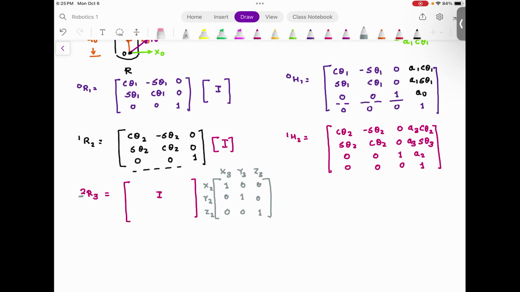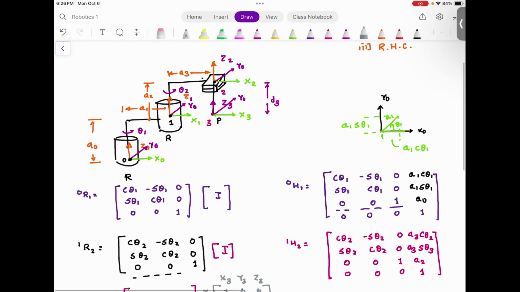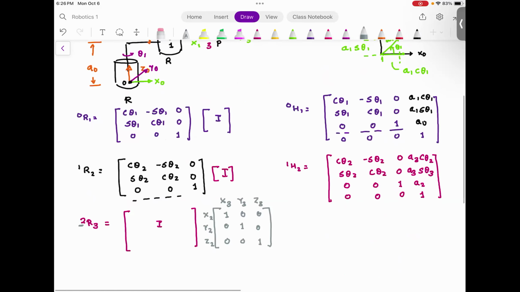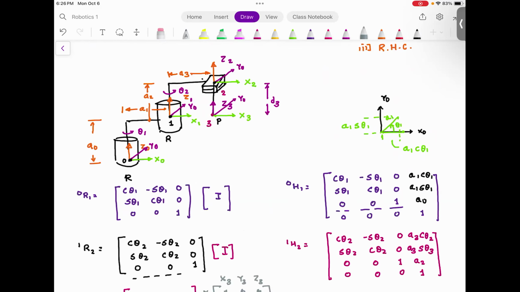If your z3 is flipped, you will have to flip other axes also. Your y will also be flipped because it will no longer be a right-hand coordinate system. You want me to flip it and show it to you, or you got it? So now, because you flip z3, your y3 will come outside, which means you are going to have a minus sign in z3 and y3. Everyone understood this?